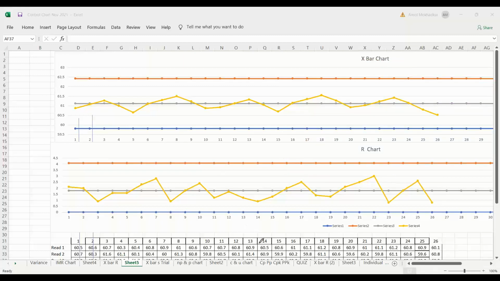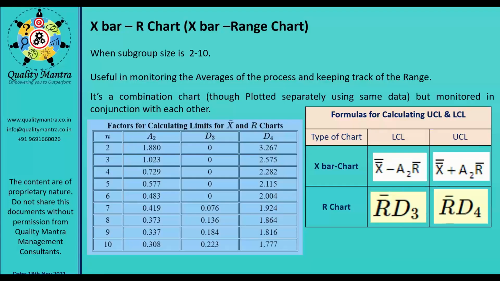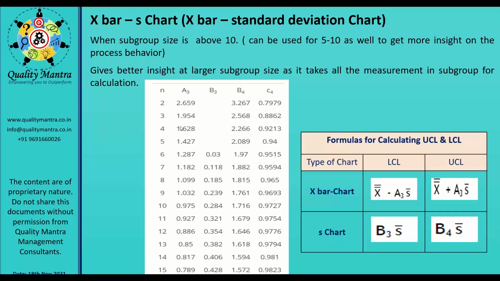So this is about the X bar R chart. So let us move to the X bar S chart. Similar to the X bar R chart, X bar S chart is also based on the subgroups.